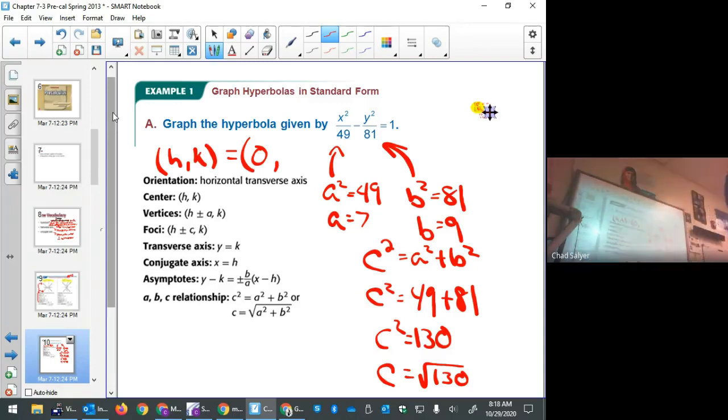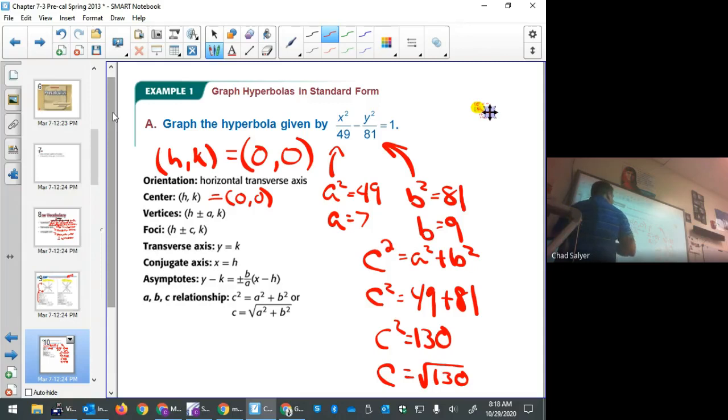So be conscious of that. And then you see the same is true for the y. There's no modifier. So the center in this case is the origin. That's a little shortcut. You may encounter one on a test like that. So don't get confused. If nothing is added or subtracted to x and y in this case, then the center is the origin. H and K are 0, 0.